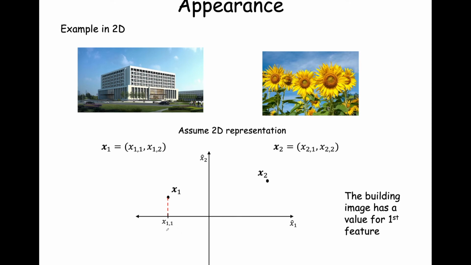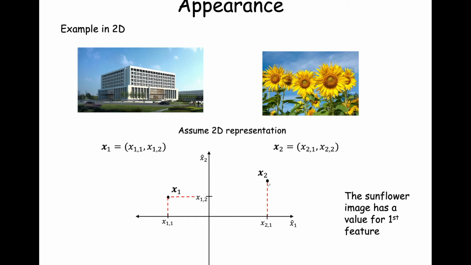Now, x11 is just that projection, or that first feature, projection of that first point in 2 dimensions along the horizontal axis, and then x12, the second feature, is treated as a projection of that point along the second axis, the vertical axis. Likewise, we can do the same with the sunflower image.